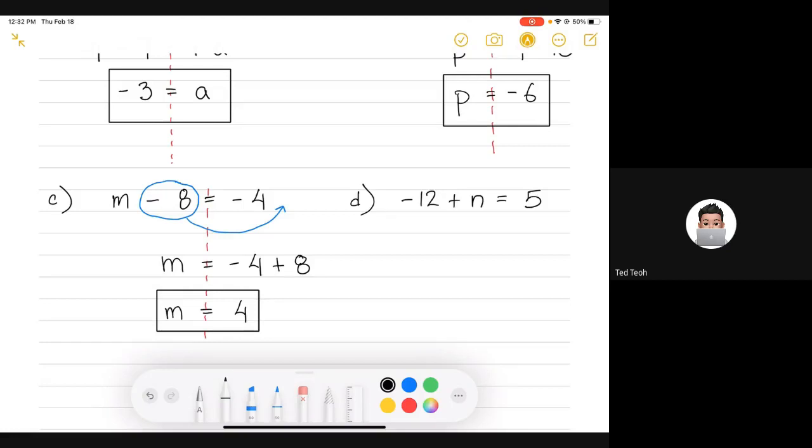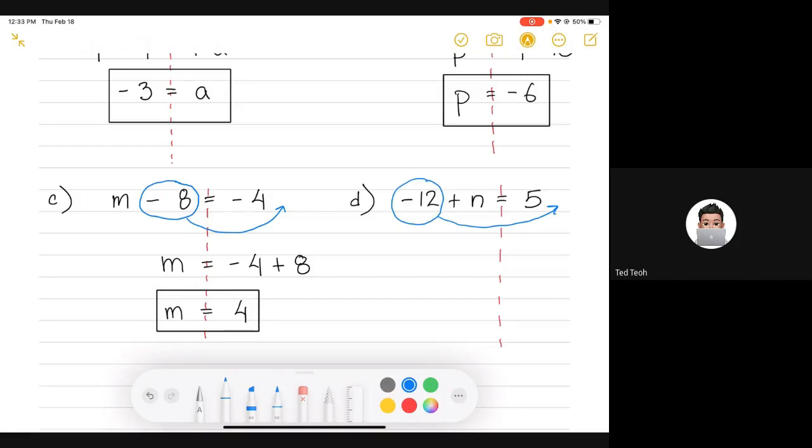Here's one more example. I'm going to draw a dotted line where the equal sign is. I want to bring this -12 to the other side. Notice I'm always circling what's in front of the number, not what's behind the number. Always circle the number and the operation in front of the number.